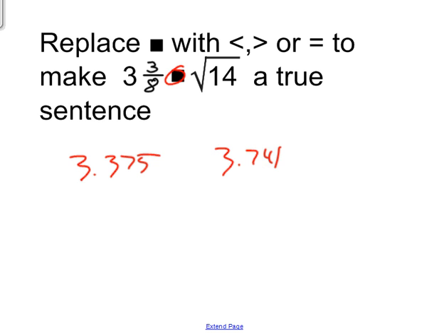Well, looking at this in the tenths place, this is 0.3, this is 0.7, the 0.7 is larger. So the square root of 14 is larger than 3 3/8. So 3 3/8 is less than the square root of 14.